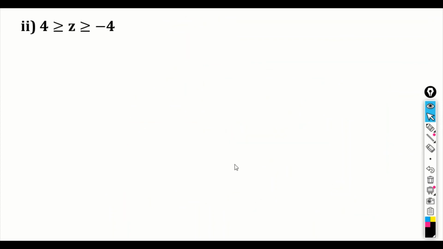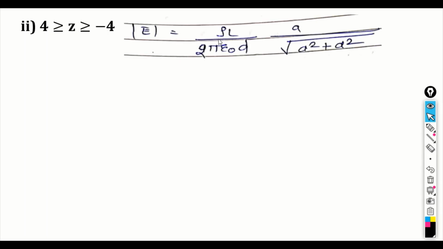In the second case, my line charge distribution is extending from -4 to 4. So which formula should I use? It will be the finite line charge distribution. It will be rho L upon 2 pi epsilon 0 d, into A upon under root A square plus d square. Now what A should I substitute? Whenever we considered the derivation for the line charge distribution, the line charge distribution was symmetric around the origin.